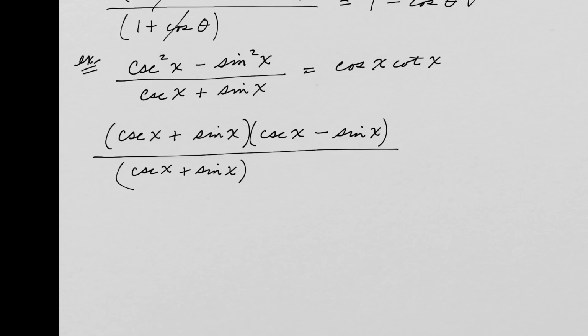Now again, this is nice because look what happens. These cancel, right? So I have cosecant of x minus sine of x. Well, it's still not equal to the right-hand side, but at least it's a little better now, right? But this, can I write this as, remember cosecant is 1 over sine?